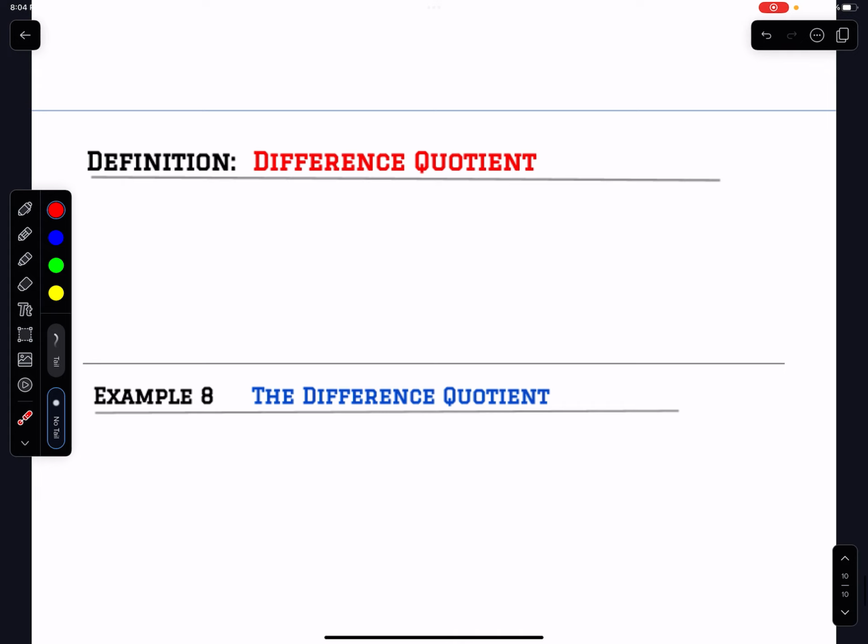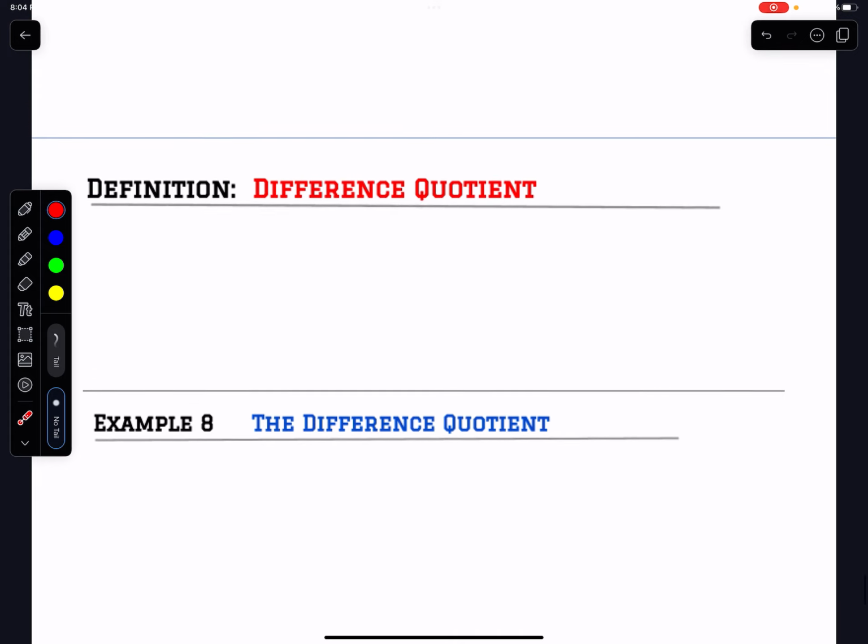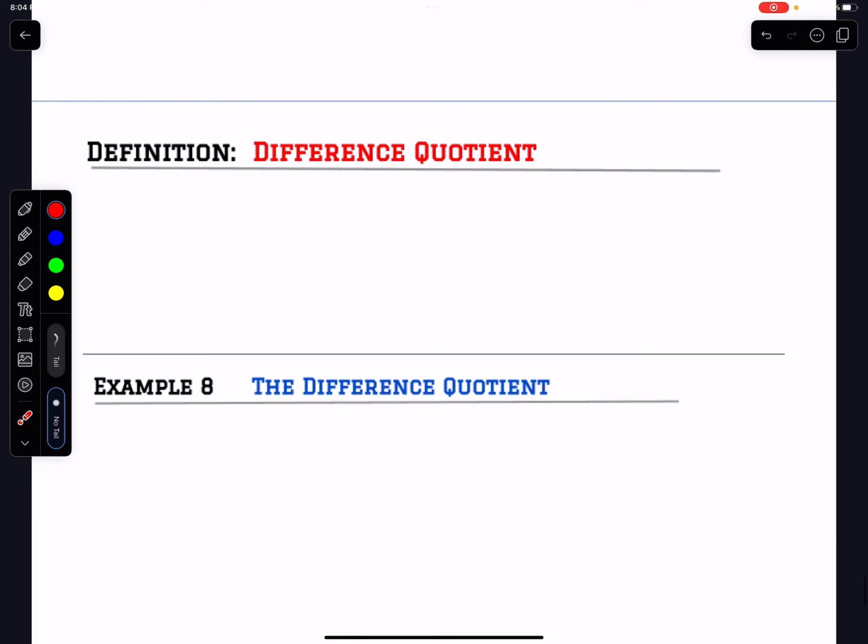Okay, last example. Difference quotient. So this is really important for calculus as well, and it's gonna come up when you guys learn about derivatives.